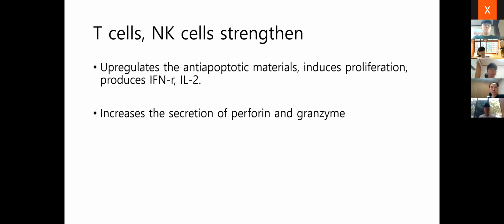When interferon gamma is produced from T cells and natural killer cells, interferon gamma recruits other immune cells, and also stimulates the production of interleukin 12. That interleukin 12 is produced from dendritic cells and macrophages, and via positive feedback, interleukin 12 also stimulates the production of interferon gamma.